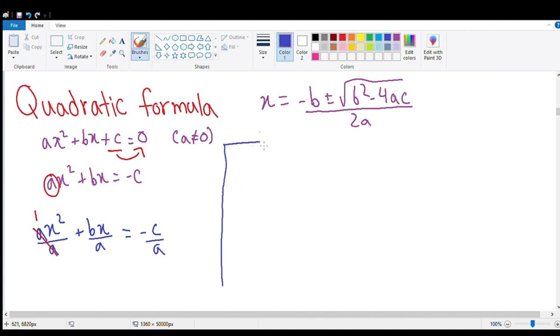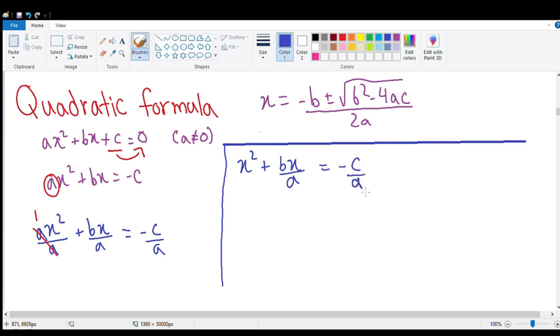Okay, it was too wobbly. Let's use this. So now we're going to be writing what we have, like right here, plus bx over a equal to minus c over a.